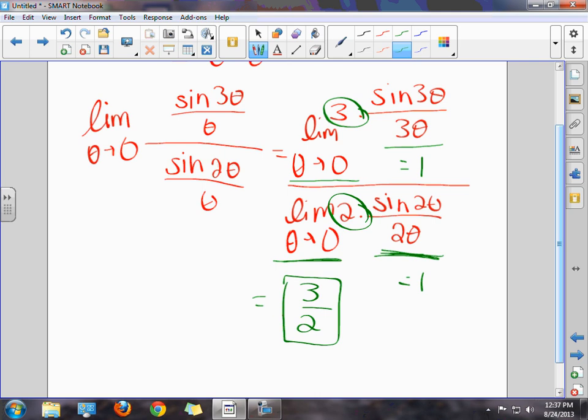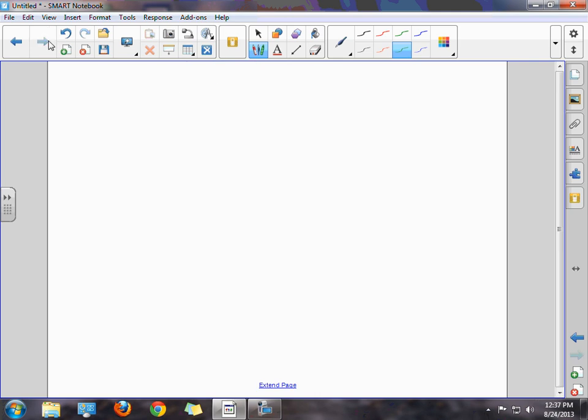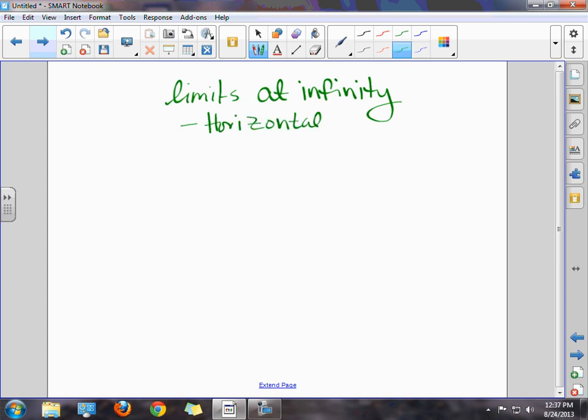Alright, so now let's talk about limits at infinity. You guys have worked with limits at infinity before in pre-cal, and they're just horizontal asymptotes. And we have a little trick.